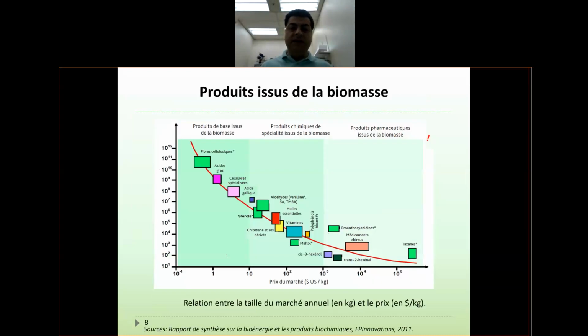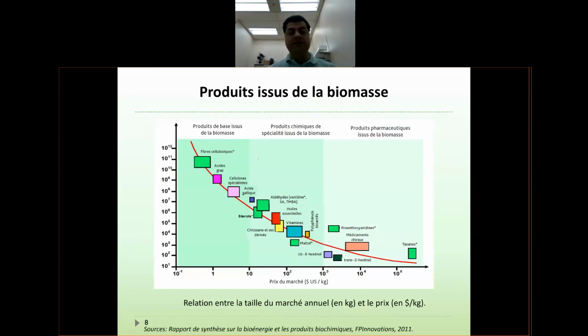This diagram is very interesting, and it is more discussed in this report by FP Innovations. I want you to go and read that report. If you consider this diagram, by the way, what is this diagram?